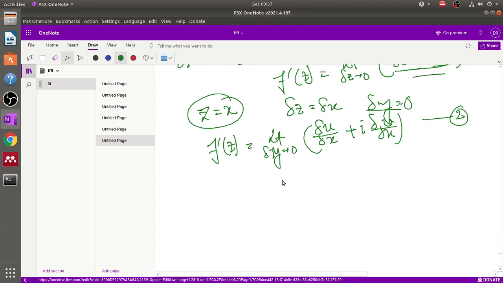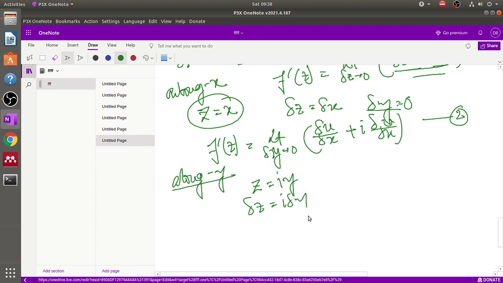Now we consider along the y-axis, that is, the imaginary axis. So z equals iy, so delta z equals i into delta y, and del x equals 0. Then what is the value of f dash z?